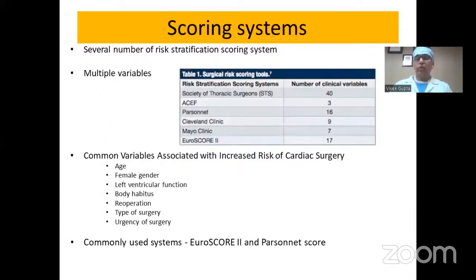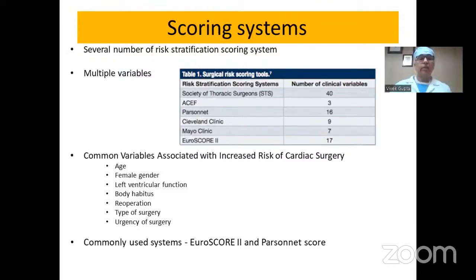In cardiac surgical procedures, we follow certain scoring systems. Though it is not the anesthesiologist who evaluates these, it is done by the surgeon, the anesthetist should have a thorough knowledge of these scoring systems, so the communication to the patient or patient relatives will be similar. There are multiple variables and different scoring systems, like the commonly used Parsonnet system or EuroSCORE 2.